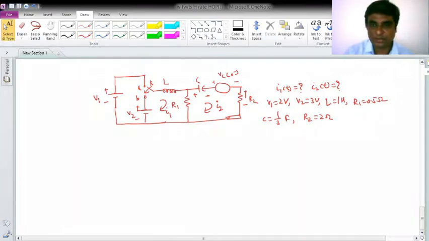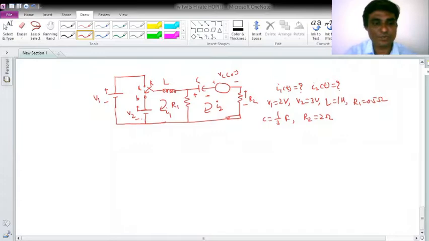Okay, so now I have to solve it. In order to solve, I can use mesh analysis here. Previously the switch was at position A, so L and C have been charged, meaning they have reached steady state. Okay, so now when the switch moves to position B, let us write the equation.